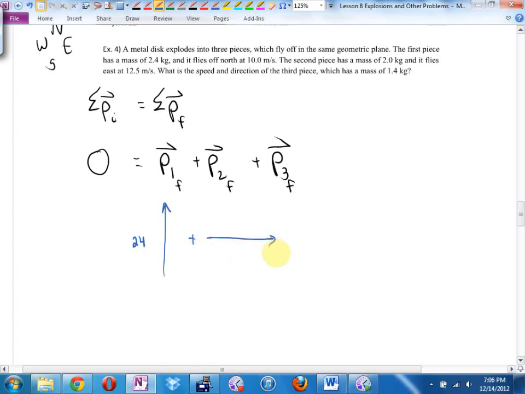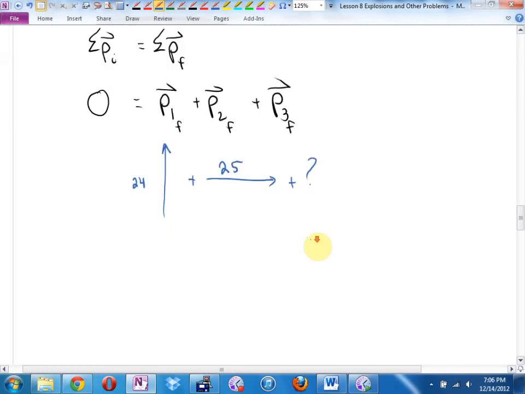And it has a mass of 2, and it flies off at 12.5. It flies off with the momentum of 25 kilogram meters per second. I can go 2 times 12.5 in my head as well. Plus, I don't know. Well, how do I add 2 vectors together?